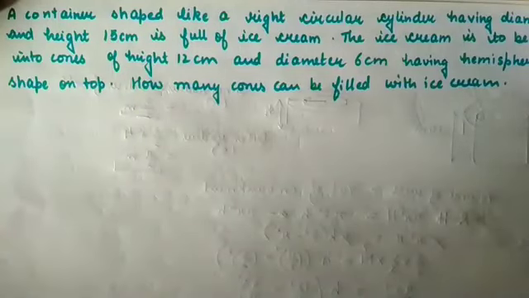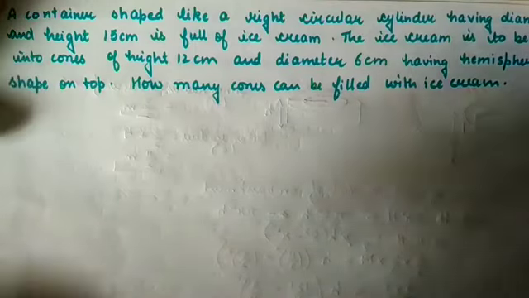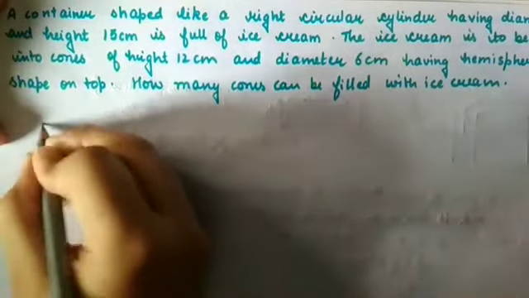A container shaped like a right circular cylinder having a diameter of 12 centimeters and height of 15 centimeters is full of ice cream. The ice cream is to be filled into cones of height 12 centimeter and diameter 6 centimeter having hemispherical shape on the top. So the container is of the shape of cylinder.